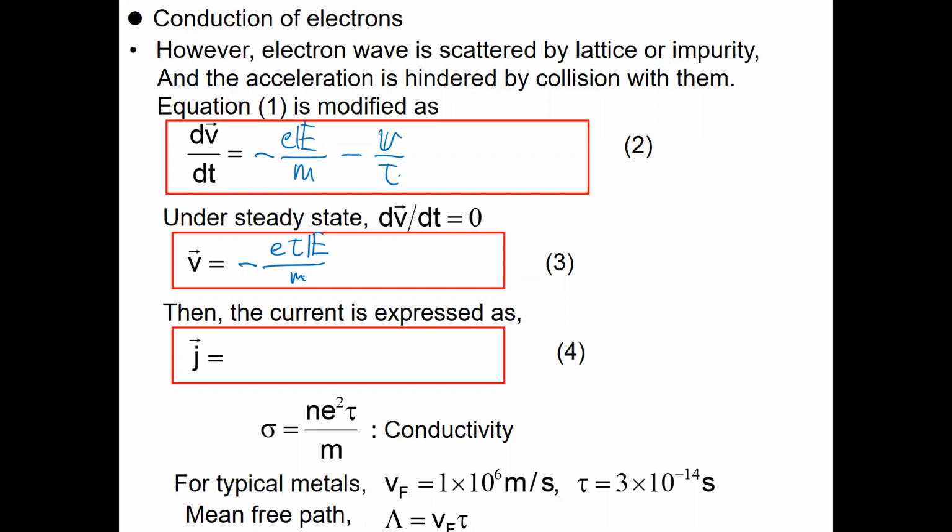So the current by this is given by the density of the electron n, times e, and the velocity, which is equal to n e squared tau over m, times E. And this coefficient is called the conductivity.